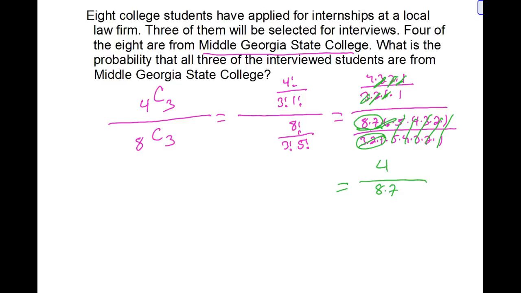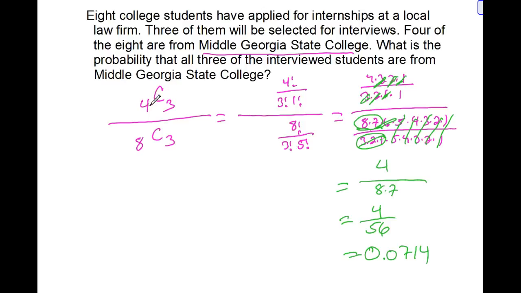Well, 8 times 7 is 56, so 4 divided by 56 gives me 0.0714. So the probability that all 3 interviewed students are from Middle Georgia State College is going to be 0.0714.